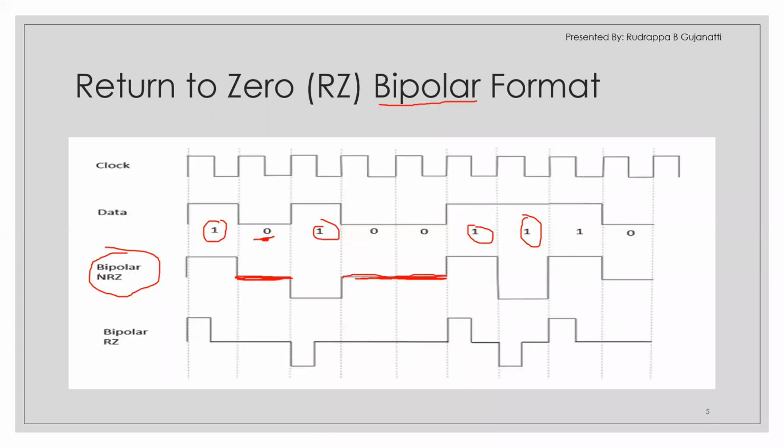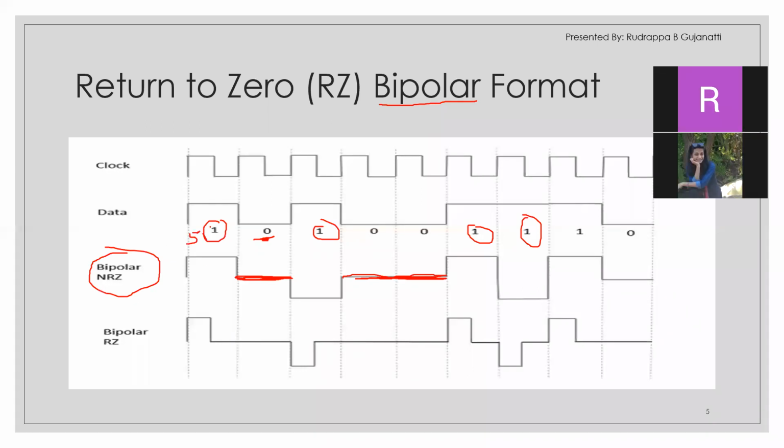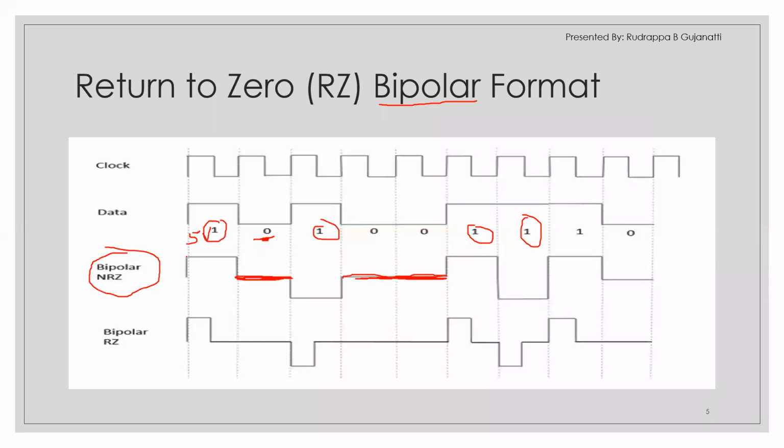So in this case, say logic 1 is represented with plus 5 volt. It remains at 5 volt for the entire bit duration. And when it is 0, it remains at 0 volt for the entire bit duration.